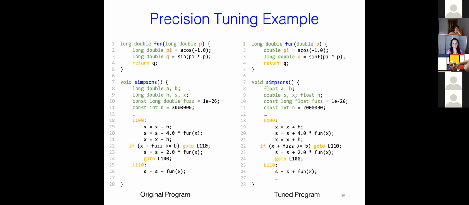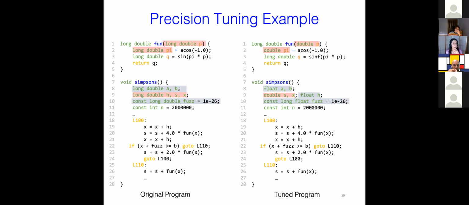So here is an example of such a program. At a high level, the programs look identical, but there are some important differences, in particular in the types used to declare the variables. Here, some variables have been lowered from long double to double, and another 4 have been lowered to float.